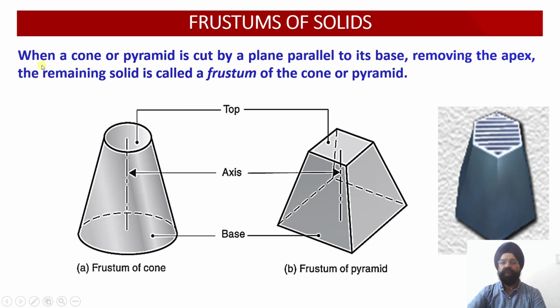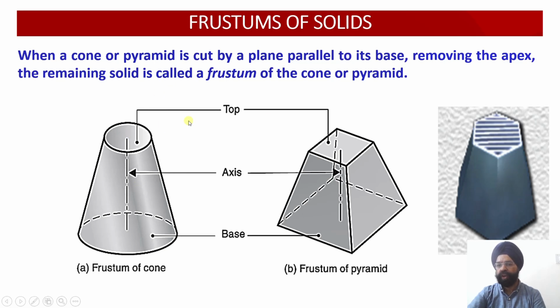So please see, whenever a cone or a pyramid is cut by a cutting plane which is parallel to the base, the upper portion we throw off. The upper portion will again be a smaller cone, a smaller square pyramid, or a smaller hexagonal pyramid. Initially it was a bigger pyramid or cone. If I cut it parallel to the base, the solid which is thrown out, which is discarded, will be a smaller shape of the original shape.